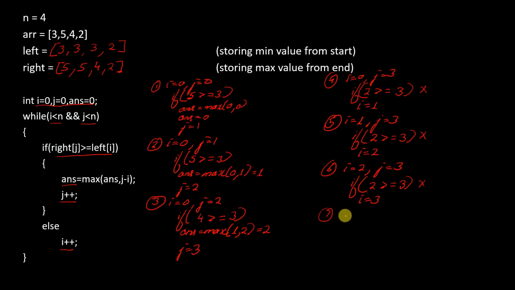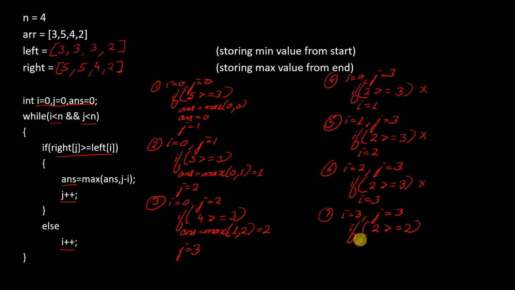Now i becomes 3 and j is also equal to 3. Now we will check the condition. If right of j, right of 3, which is 2, is greater than or equal to left of 3, which is 2. So now the condition becomes true.